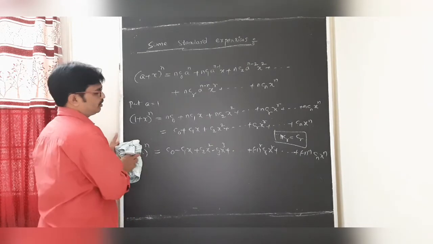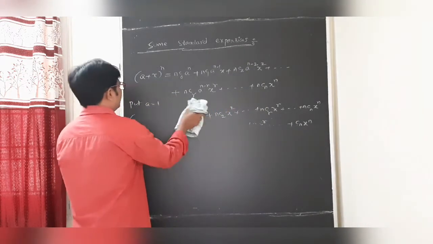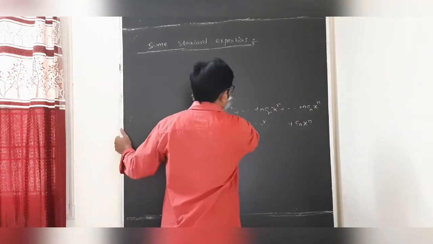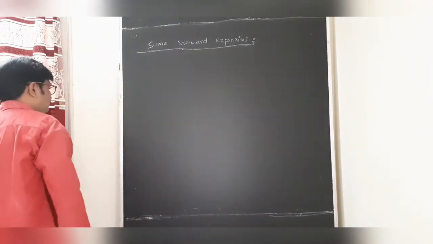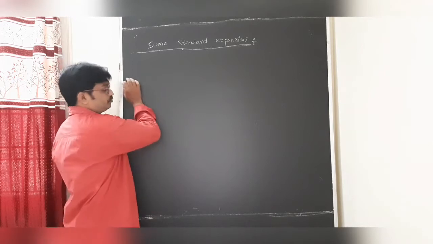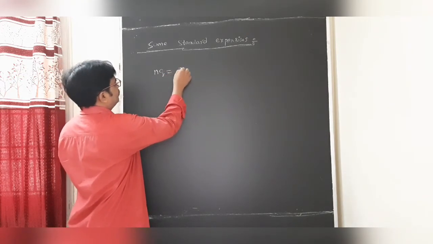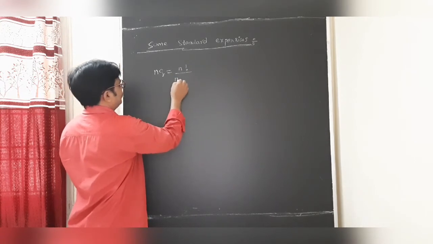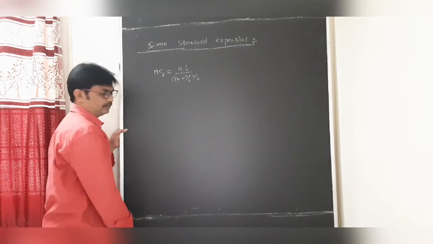These we will explain in combinations. My dear students, NCR, some useful properties. Okay, students, some useful properties of the combination NCR: we have to know that NCR is n factorial by (n minus r) factorial into r factorial.